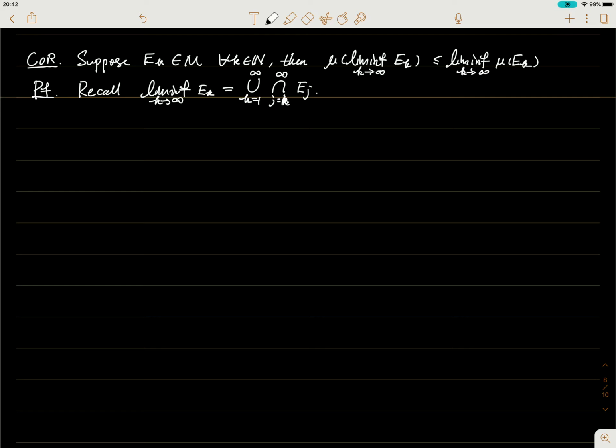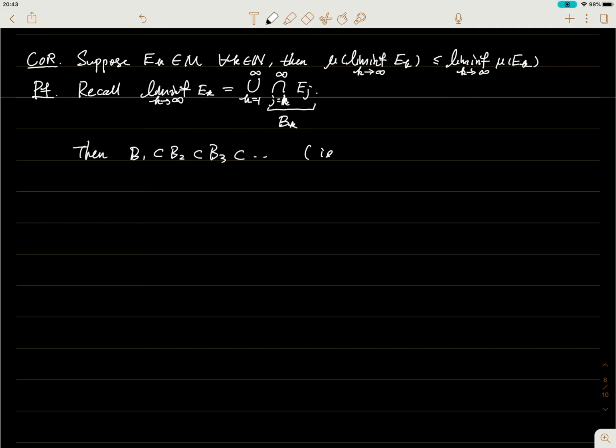So recall that this part, if I define it to be B_k, okay, so for every given k, my B_k is just taking the intersection of the E_j's for j greater than or equal to k. Then you can see that B_k is actually increasing, right? B_1 belongs to B_2 belongs to B_3.